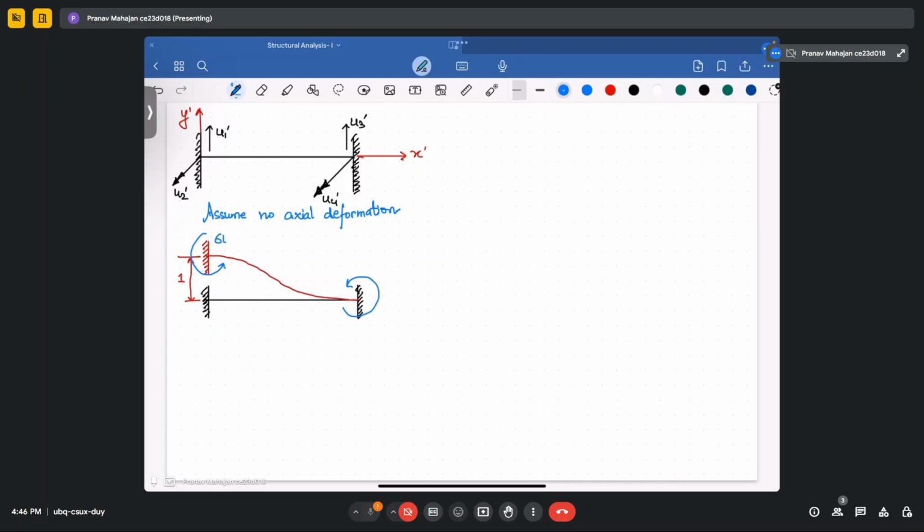This will be 6 EI upon L square, and this will also be equal to 6 EI upon L square. And here the vertical reactions will be 12 EI upon L cube and 12 EI upon L cube.